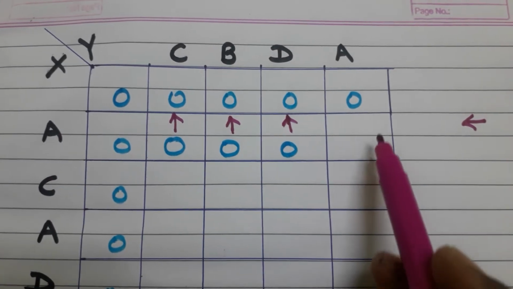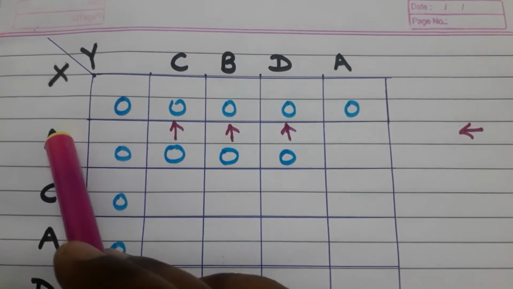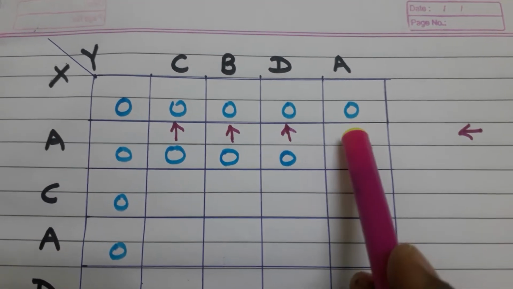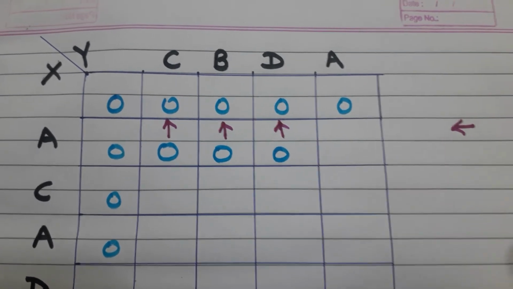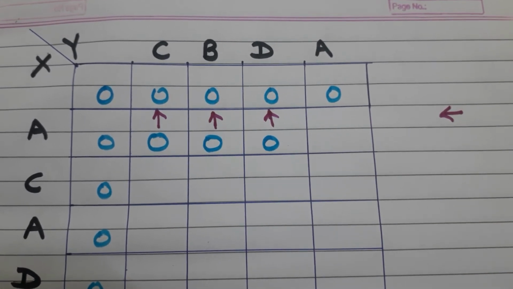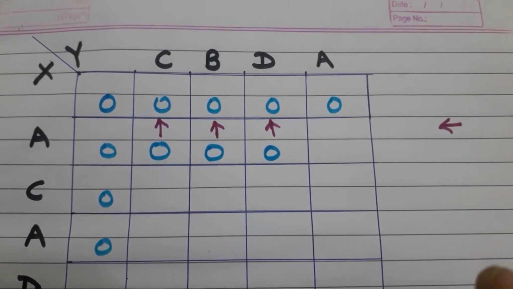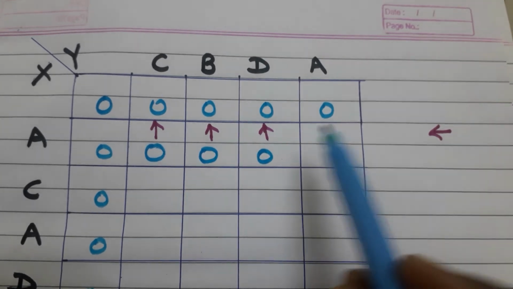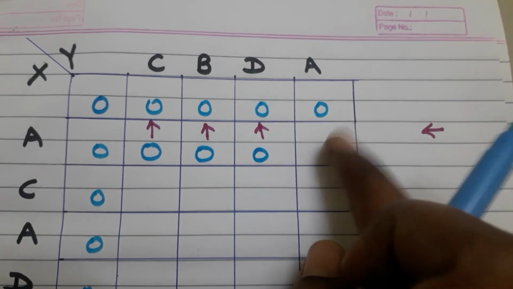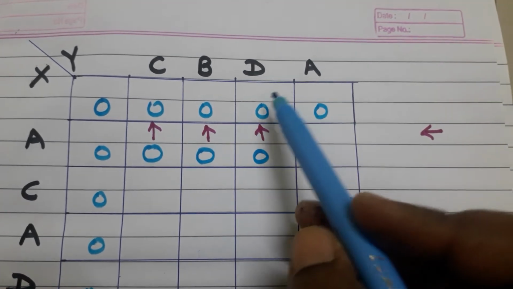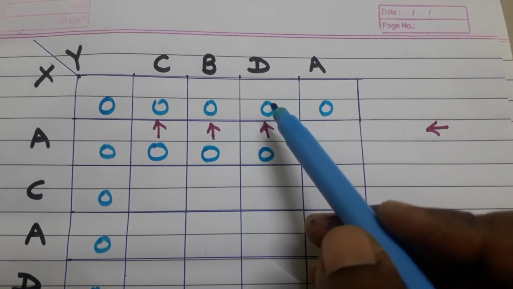Now we have to fill this cell. For this cell, the row is A and the column is A. When both characters are the same, we have to add 1 to the diagonal cell. Its diagonal cell is this one, and here it is 0.